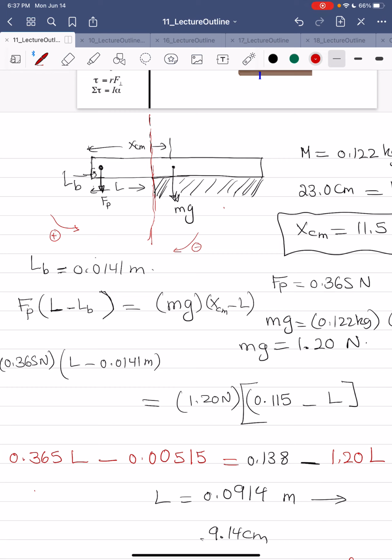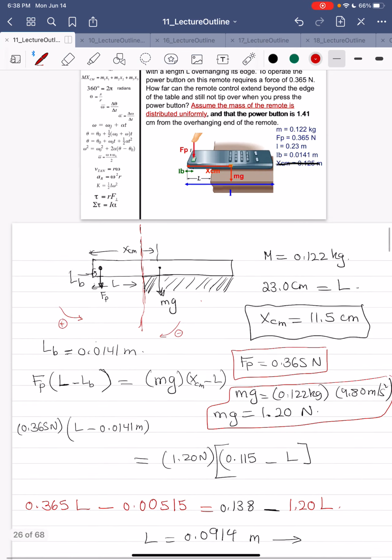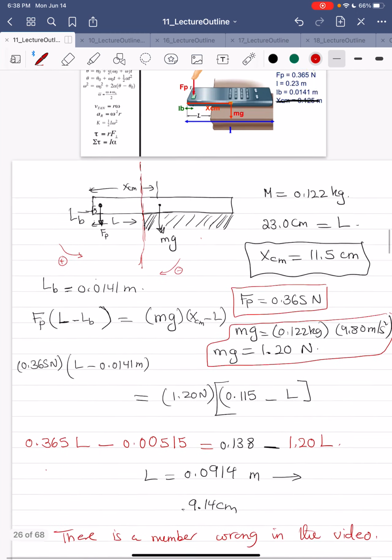Then FP, the force applied, times L minus LP should equal mg times X center of mass minus L. I calculated the weight of the remote control, substituted my numbers, and found L equals 9.14 centimeters. There is a number that is not correct in the video, and also the X center of mass: it is going to be half, which means 11.5 centimeters.